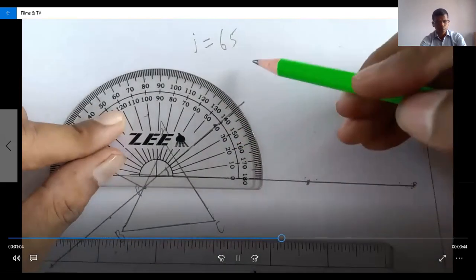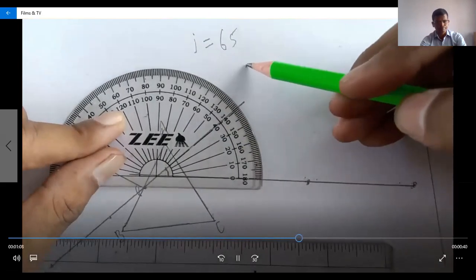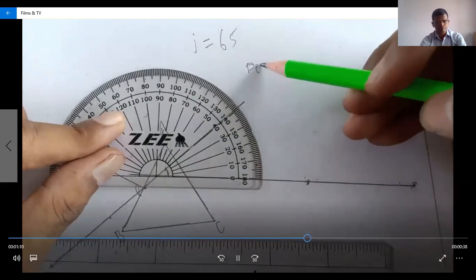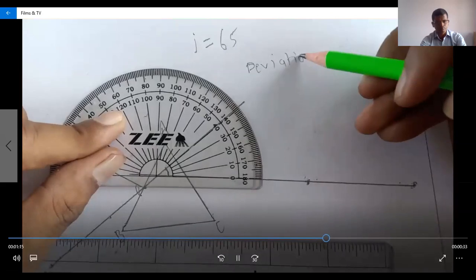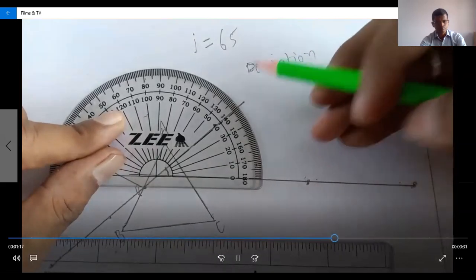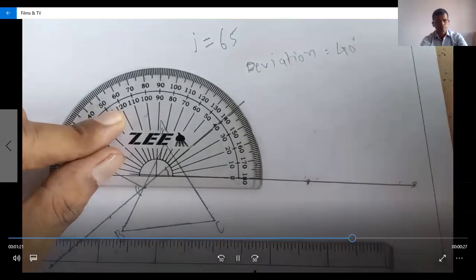So we write here the angle of deviation is equal to 40 degrees.